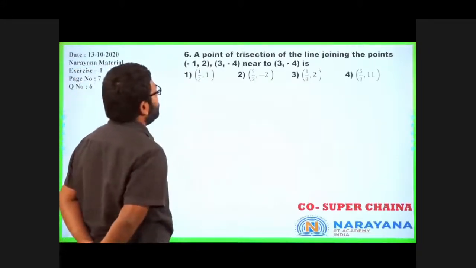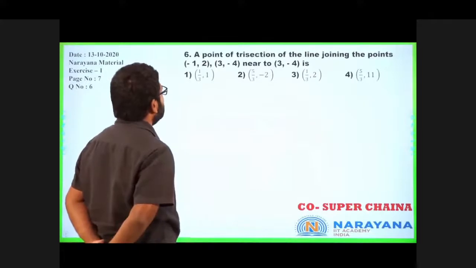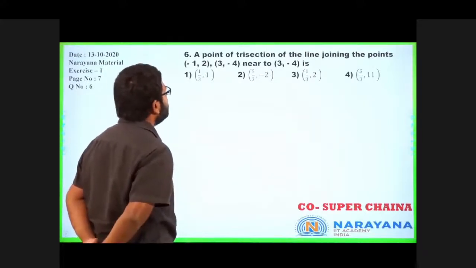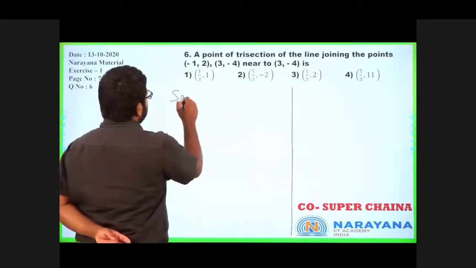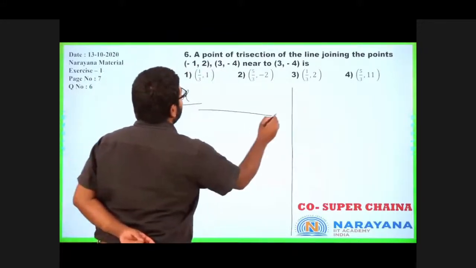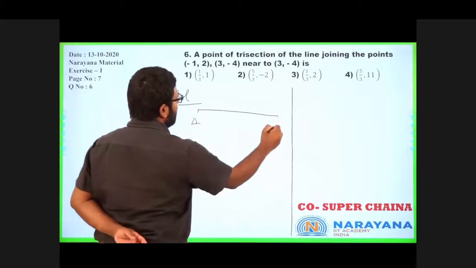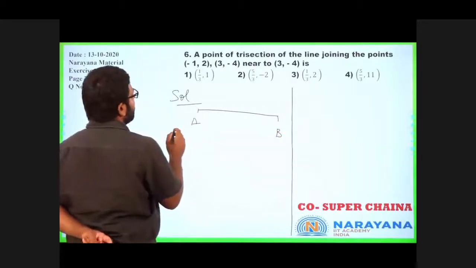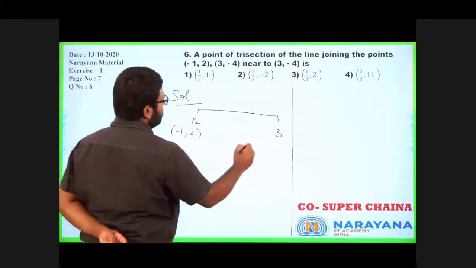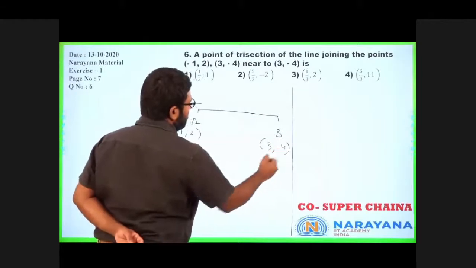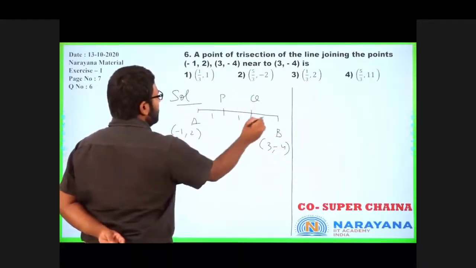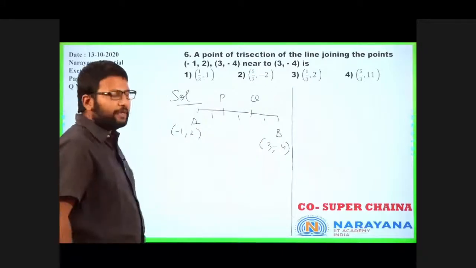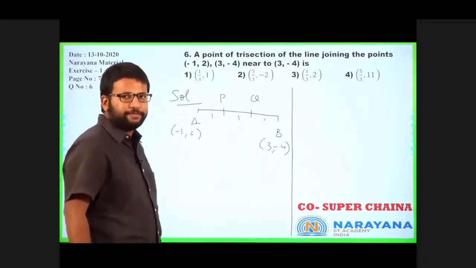A point of trisection of the line joining the points minus 1, 2 and 3, minus 4, near to 3, minus 4 is what? Now you understand what is point of trisection? It means if I take the points A and B, minus 1, 2 and 3, minus 4, let us say there are 2 points P and Q such that P and Q divide AB equally in 3 parts.